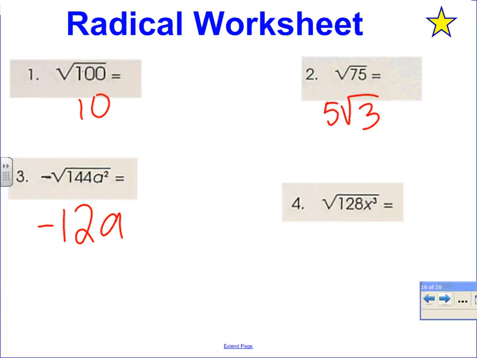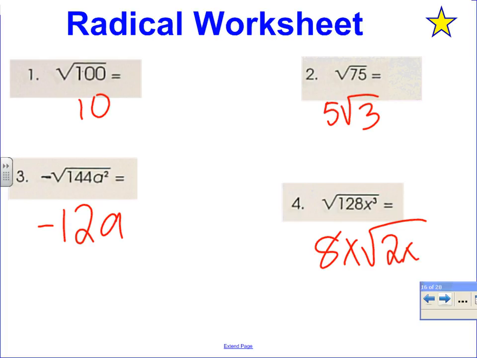Number 4, Heather. 8x can be changed to square root of 4, square root of 2. You're not done. Remember, if you're left inside the radical with something that could be a perfect square, keep going. Amanda, do you have number 4? Good. 8x, square root of 2x. Make sure 1 through 4 are checked. And I'll definitely come back to questions.